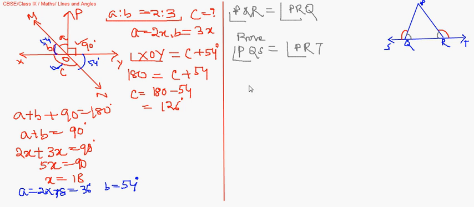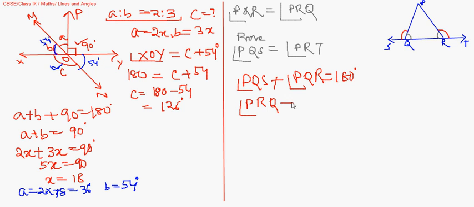See, PQS plus PQR is 180 degrees because they make a linear pair, as ST is a straight line. On the other hand, PRQ plus PRT, they are also making a linear pair, and that's 180.